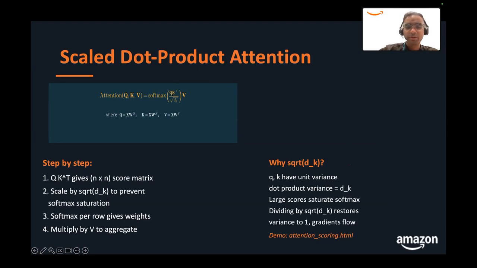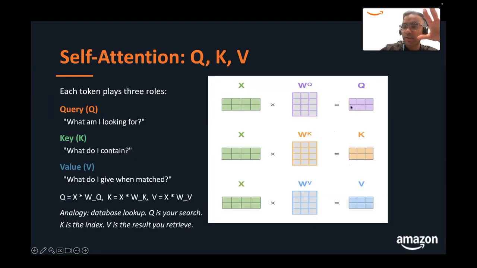If I do this operation, query key transpose, I'm essentially getting an n cross n matrix, where n is my number of tokens. In this case, the token length is 2. I would get a 2 cross 2 matrix having my attention score between each and every token with other tokens.